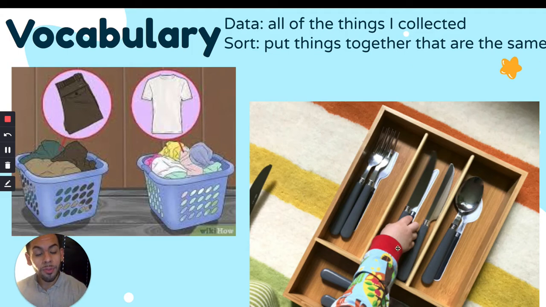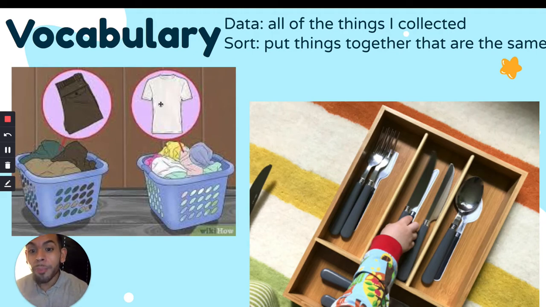Kind of like our little friend here is doing. Johnny, look at Johnny. He's putting the butter knives with the butter knives, the forks with the forks, and the spoons with the spoons. He's sorting them. He's putting them together because they're the same, okay? Same over here. Look.